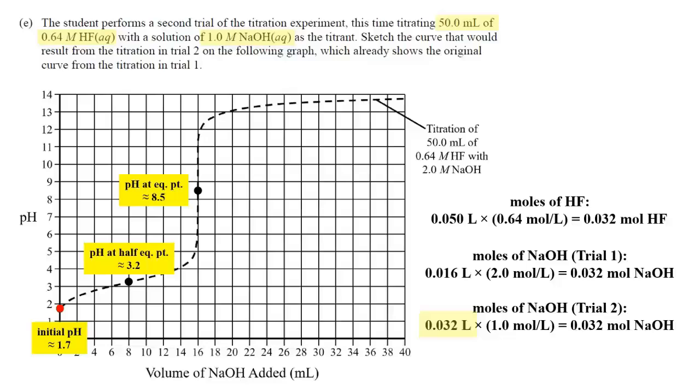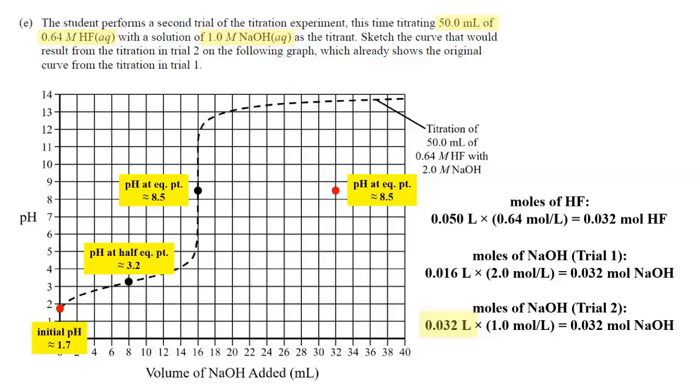As far as the location of the equivalence point, because we have shifted toward the right, the equivalence point is now going to be after 32 milliliters of the titrant has been added in trial 2, then there should be a pH of approximately 8.5 on this curve, but it would be shifted over from 16 milliliters to 32 milliliters.